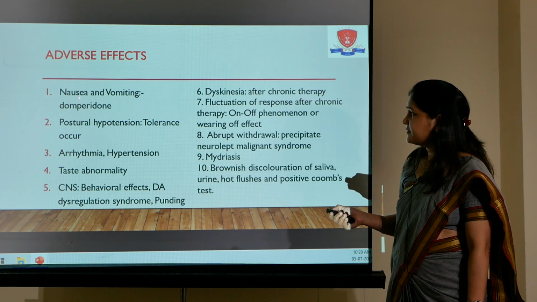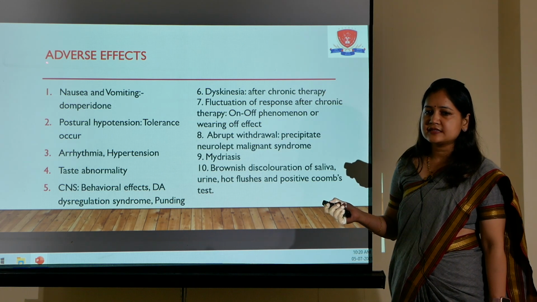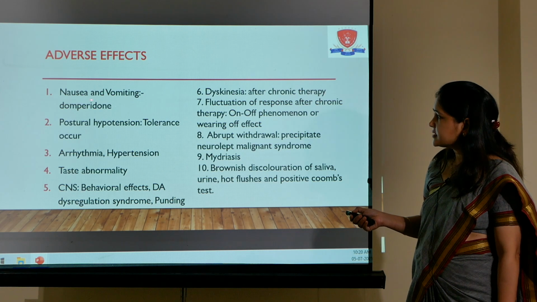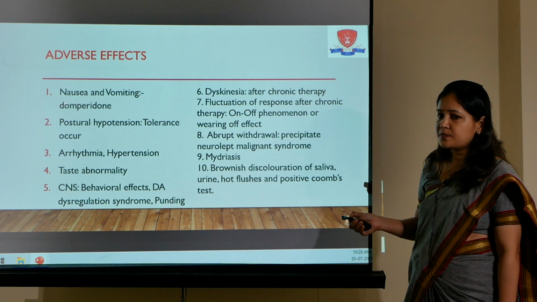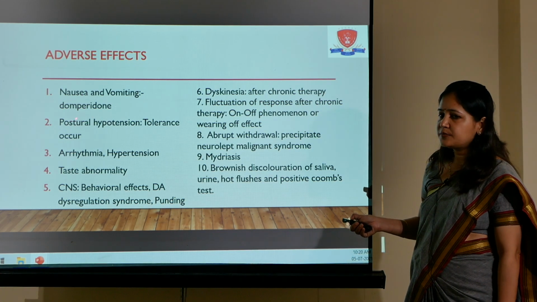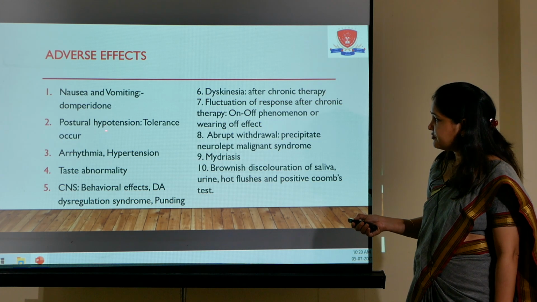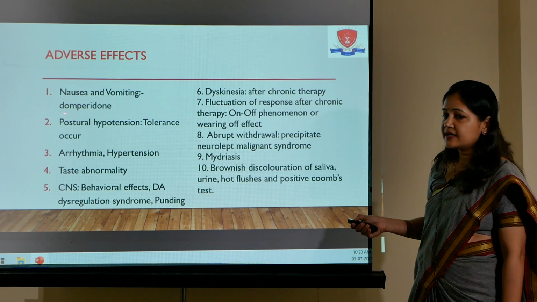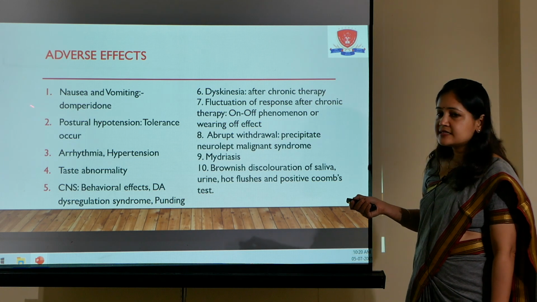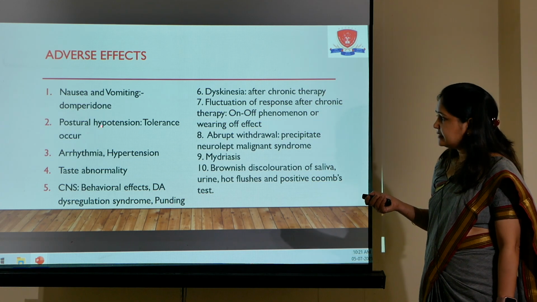Now what are the main adverse effects associated with this? You have to be careful. It may cause nausea and vomiting, which can be inhibited by giving domperidone. Postural hypotension can occur. Postural hypotension is again a central effect because of increasing dopaminergic and sympathetic neurotransmitters in the brain.